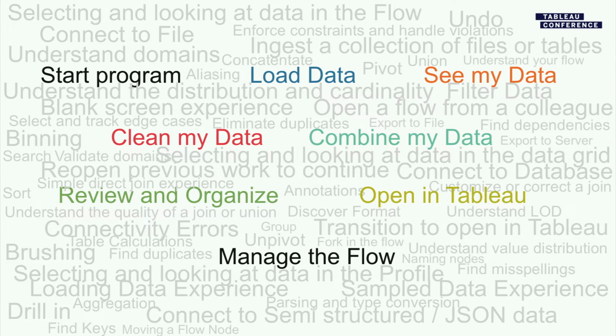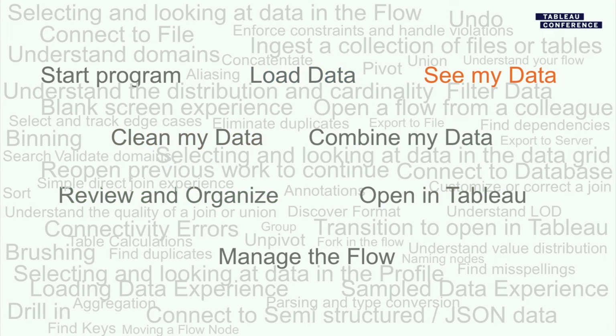How many flows is okay to design against? There are millions, billions of possible flows. So the hardest thing was to figure out, what are these buckets? What do all these features fit into? And how can someone, from an abstract, design around all of these buckets? So every time you use the product, you're probably going to start it, load data, and want to see it, clean it, combine it, review it, manage it.